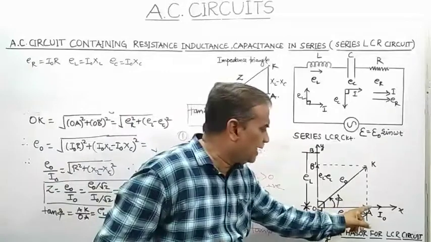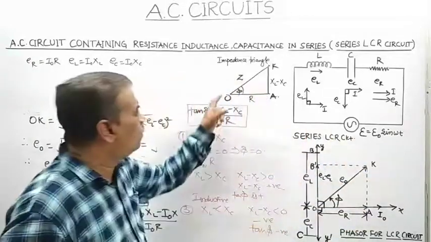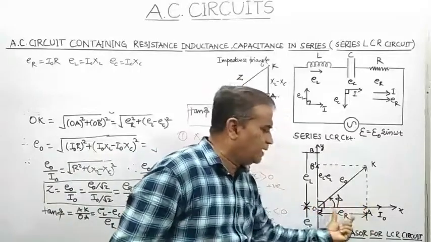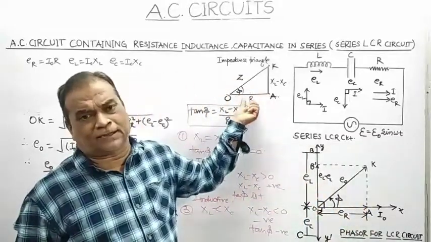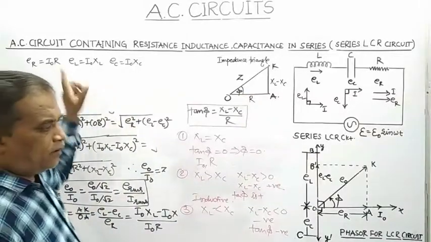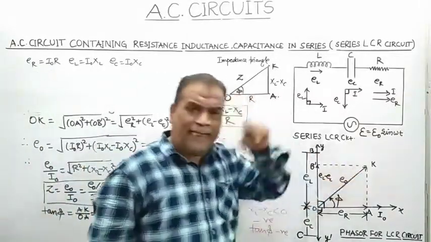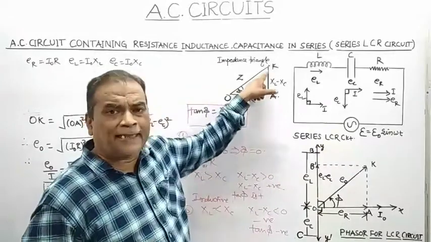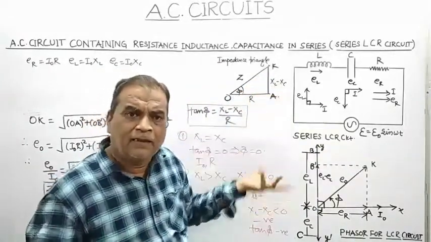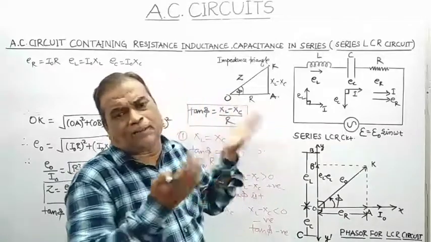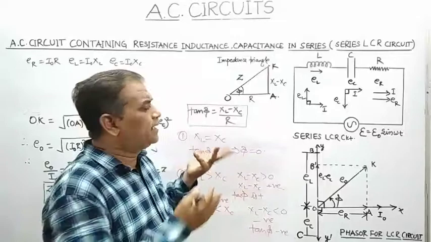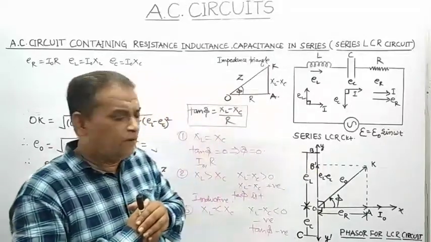In right angle triangle OAK, base OA represents the ohmic resistance R because ER equal to I0 into R, while the height AK represents what? It represents reactance XL minus XC, because XL is greater than XC and the circuit is inductive dominated circuit.